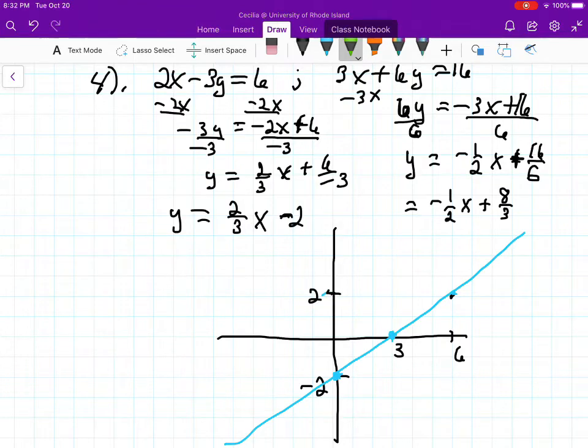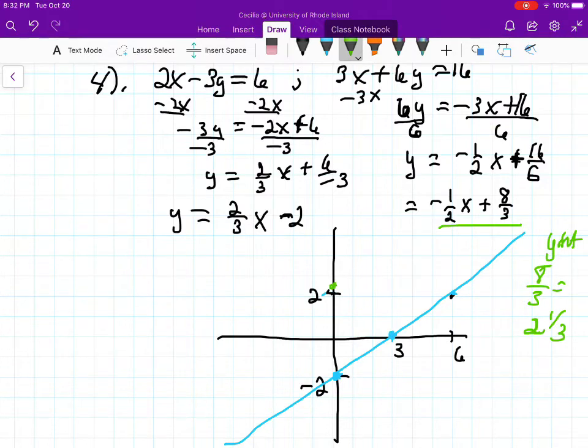So now we see the line for that equation. Now let's go over and graph the second one. And we see that this y-intercept of 8/3 can be written as a mixed fraction of 2 1/3. And so we're going to go up and put the y-intercept just 1/3 above 2.